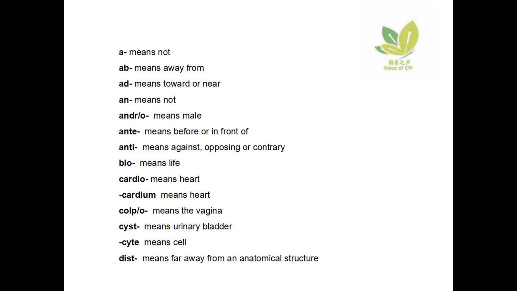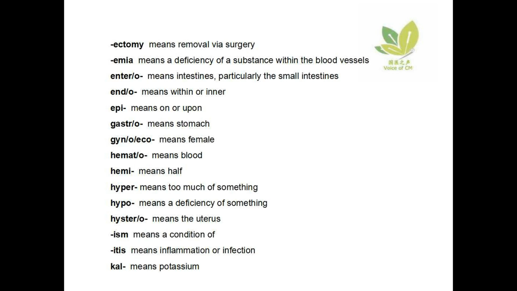The term dist means far away from an anatomical structure, and this is also a prefix. The term ectomy means removal through the means of surgery. The term emia means a deficiency of a substance within the blood vessels.